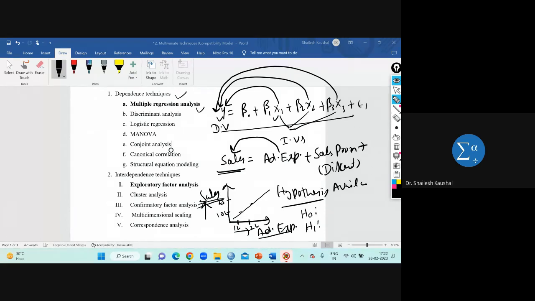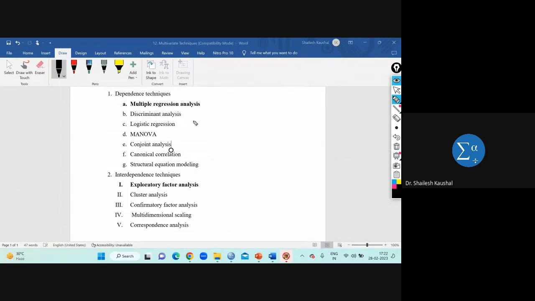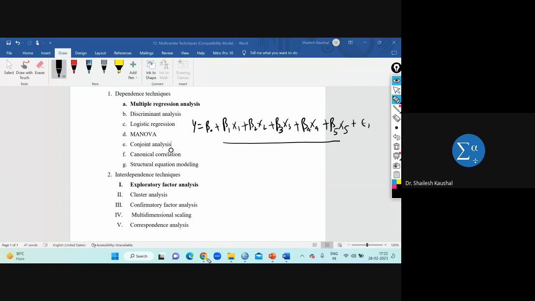For example, we are taking many independent variables, 5 or 6, like beta 0 plus beta 1x1 plus beta 2x2 plus beta 3x3 plus beta 4x4 plus beta 5x5. I'm taking 5 independent variables.